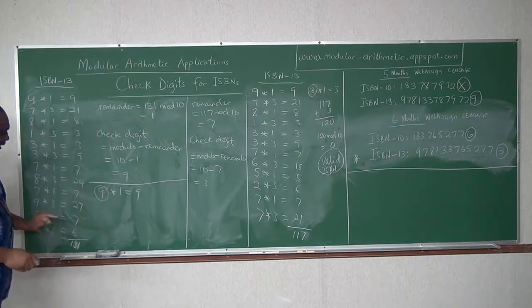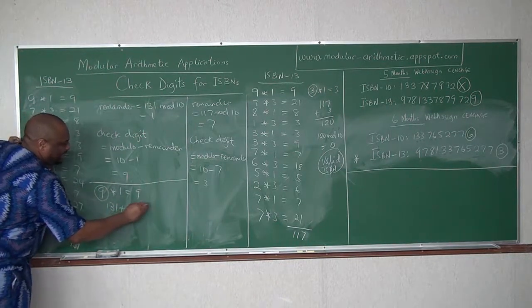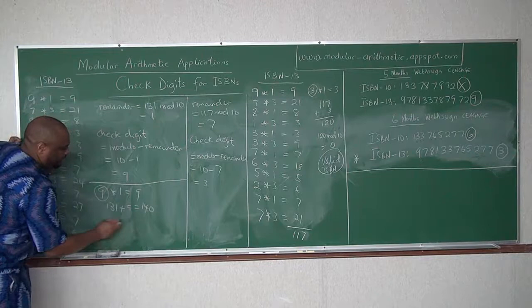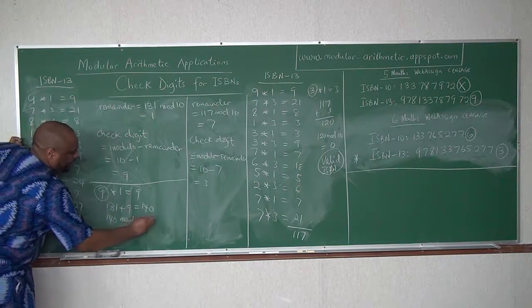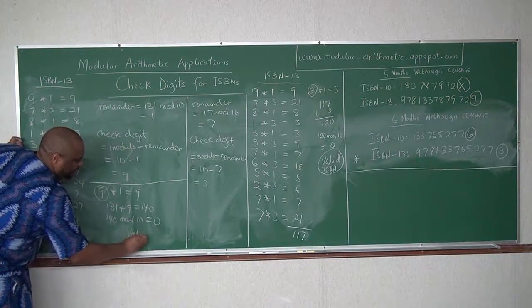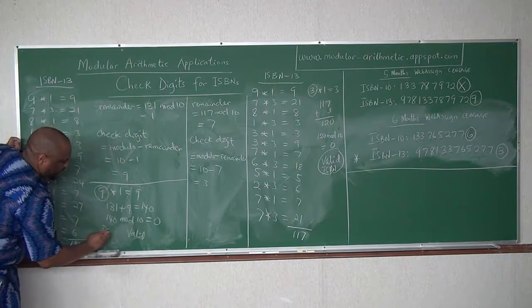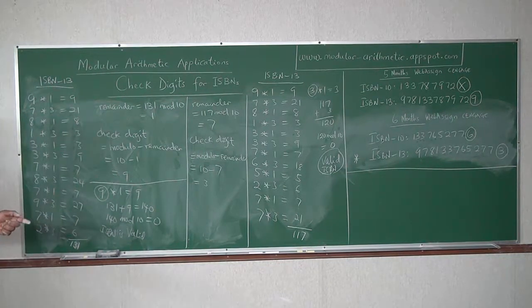You now add this 131 plus 9, and that is 140. So 140 mod 10 is 0. Because it is 0, the ISBN is valid. That's how you do it.